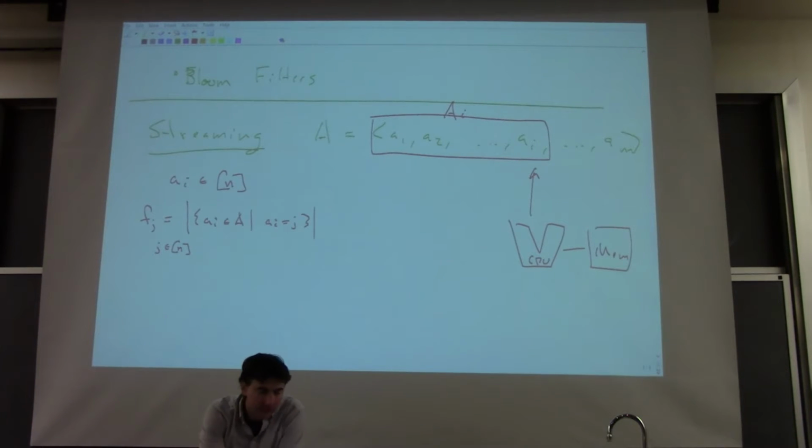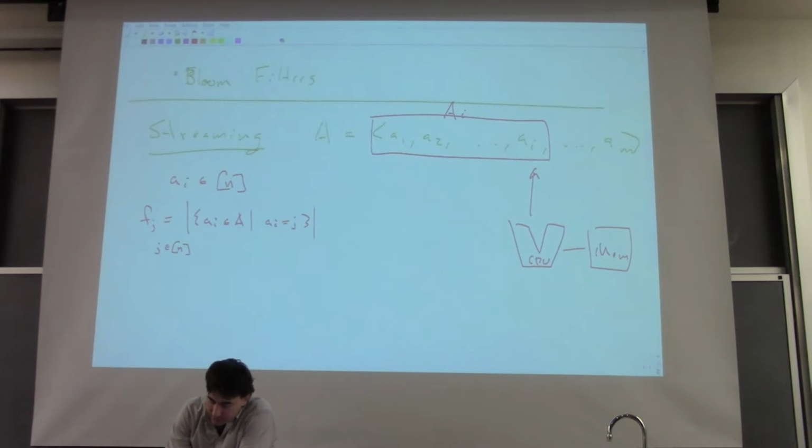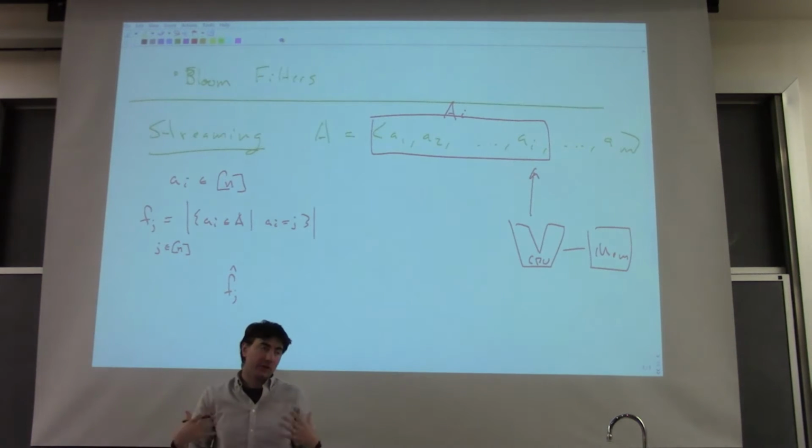And so we're going to get some sort of guarantees, and I'm going to write this slightly differently today, because this will fit what the algorithm is going to do. We want to come up with this f_j hat for all values of j. How we deal with all values is going to be different today than Monday.